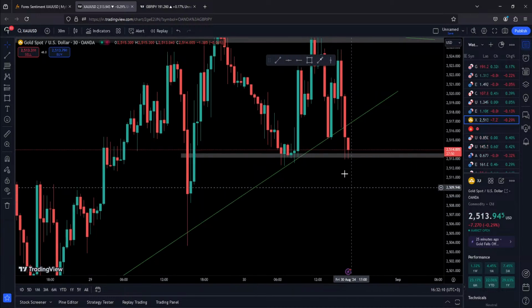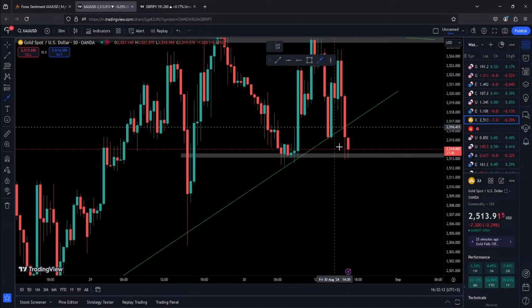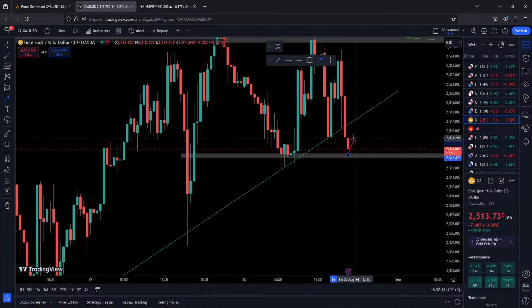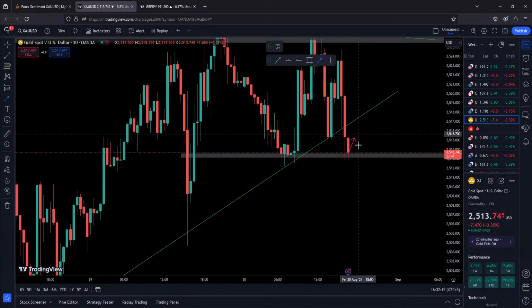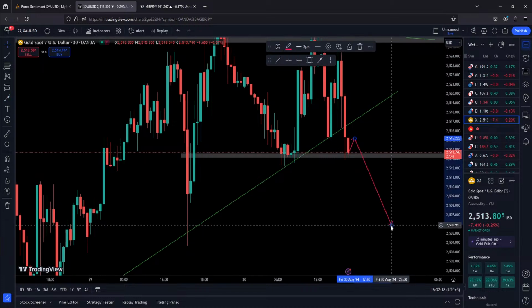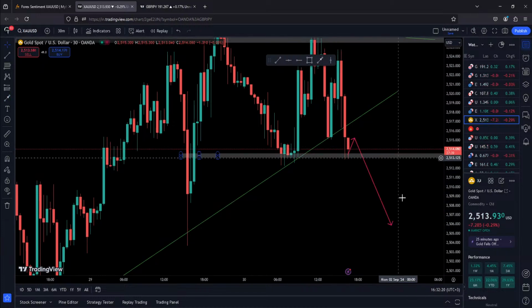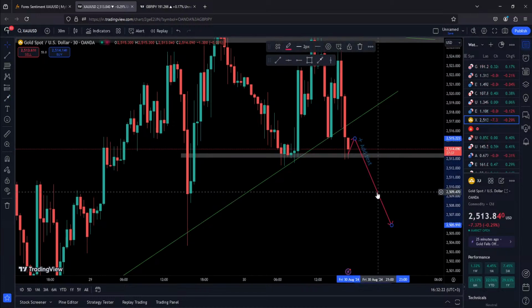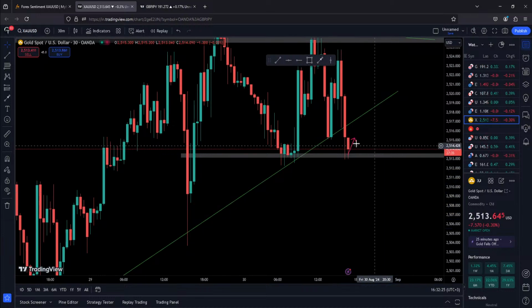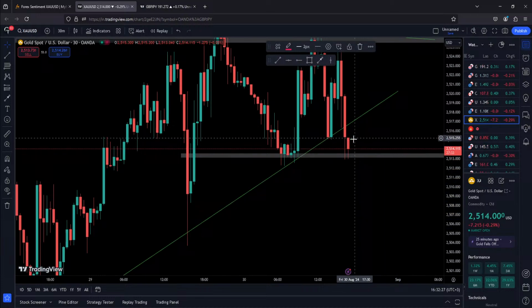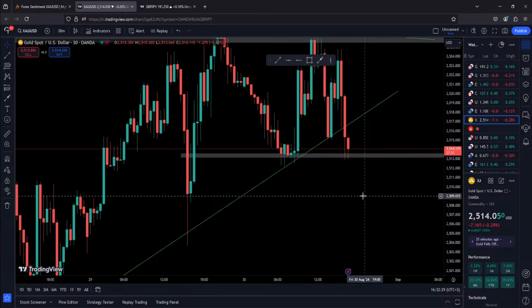So what I'm going to look for over here is some sort of resistance to form and then the market to move down like this. This is what I want to see for sells, because taking a trade is extremely easy at any point in time, but the real problem is managing that trade.